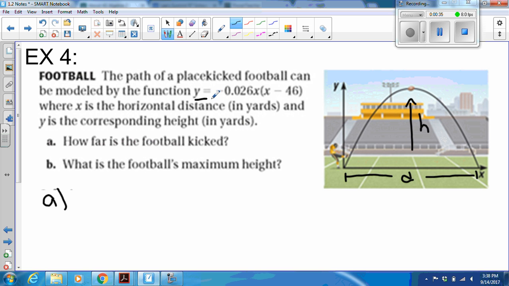Now if you look at our equation, it's not really in intercept form like we've talked about before. So we are going to rewrite the formula so it is in intercept form. We're going to use y equals negative 0.026, that's our a value, times x minus 0, because another way of writing x in intercept form is x minus 0, and then we have x minus 46.